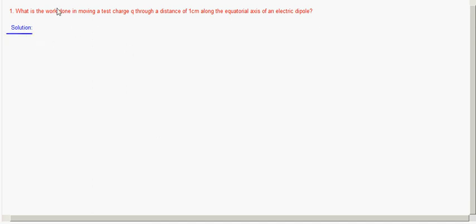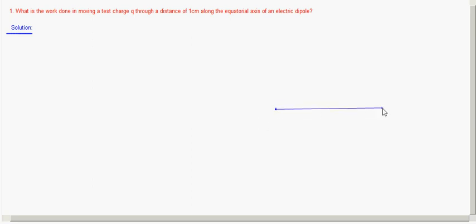When we consider a dipole, first we'll see what the equatorial line is. Last class we studied what the equatorial line of a dipole is.